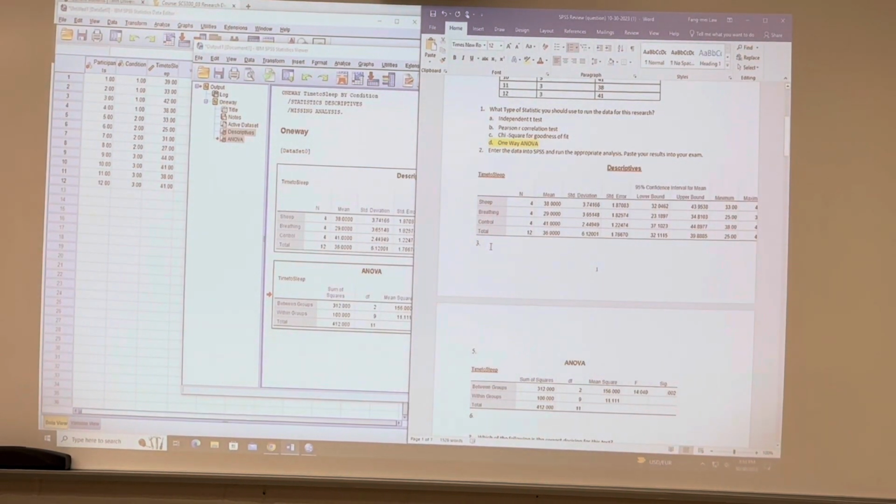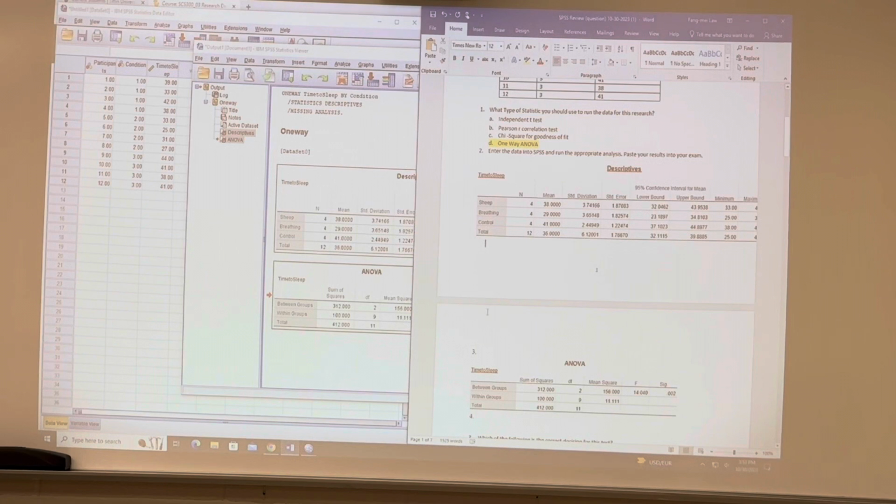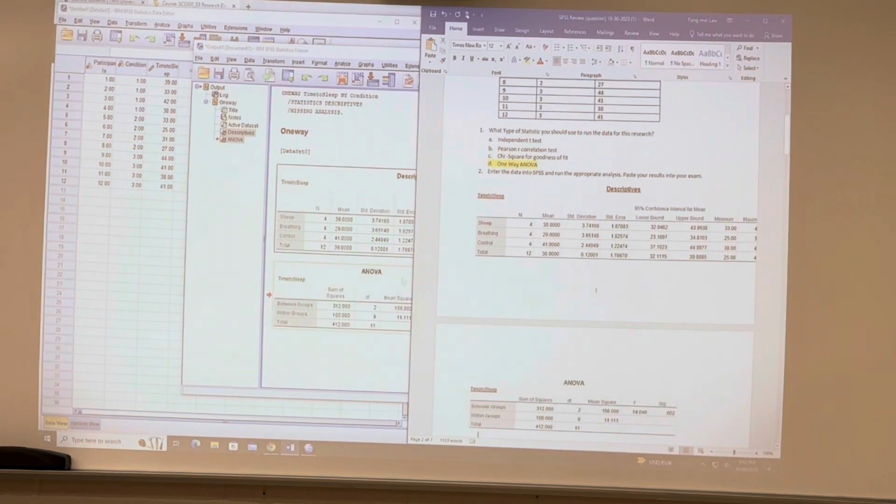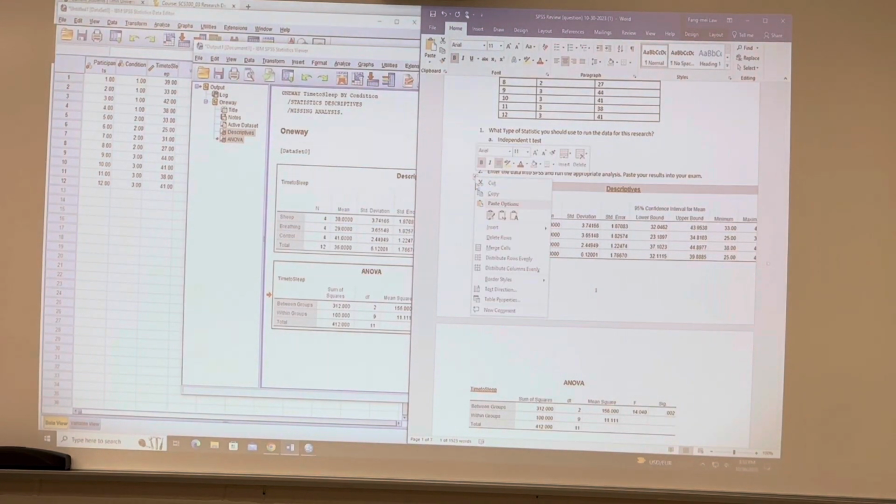Just get rid of them, this 3, 4. It's cleaner if you get rid of them. And you want to do the autofit to bring this in. Sometimes you don't see it.